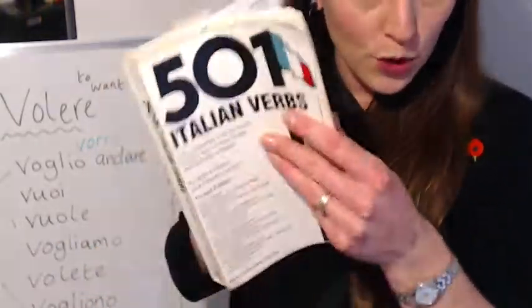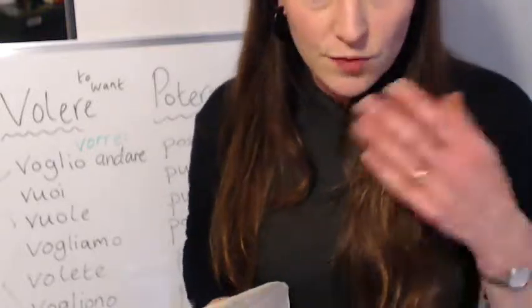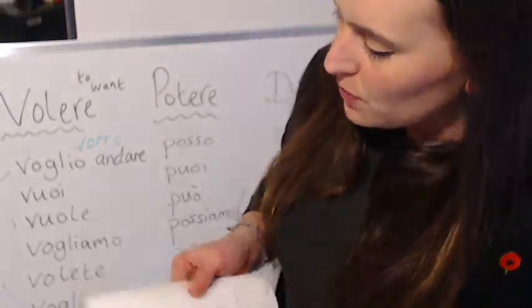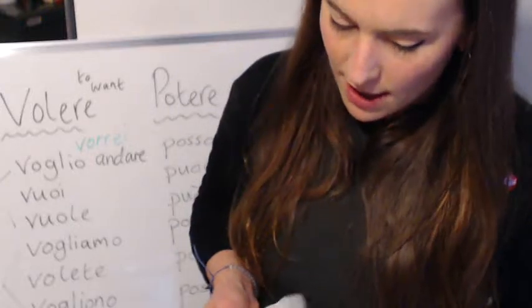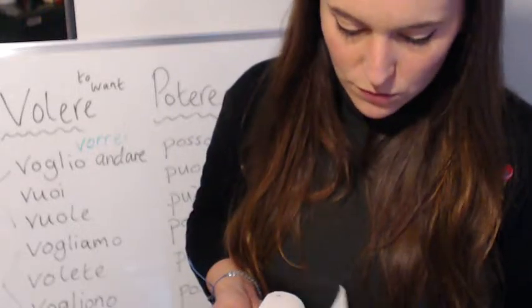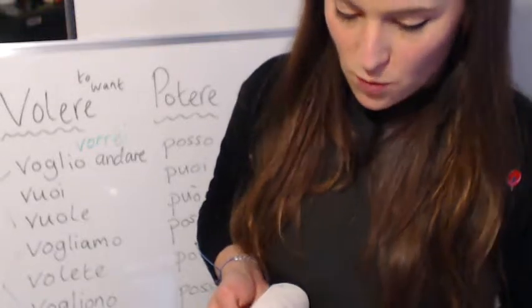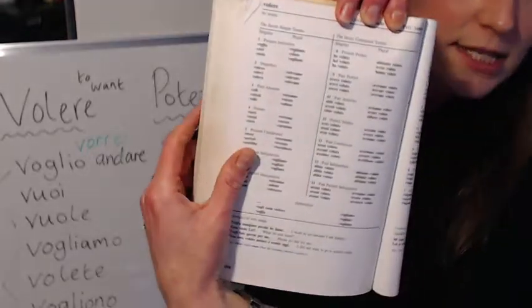So if you've got a verb book like this, or a section inside your dictionary called conjugation or verb tables, try and find the verb volere. That's spelled V-O-L-E-R-E. So I'm going to go and find it for you, but for me as well. You'll get verb tables that look something like this.